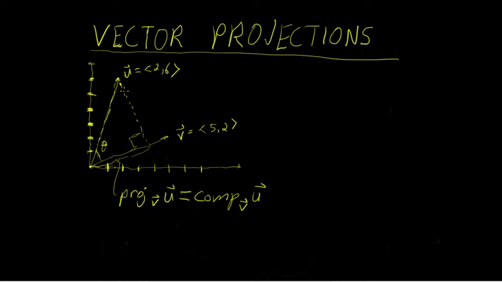We're looking at a dotted line that runs through the terminal point of u as well as v, and this dotted line is going to be perpendicular to vector v.